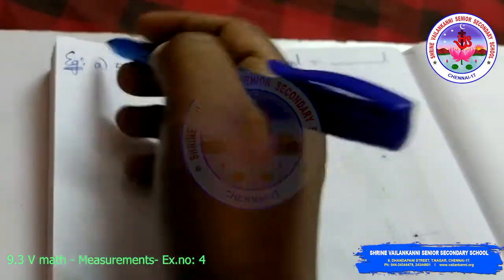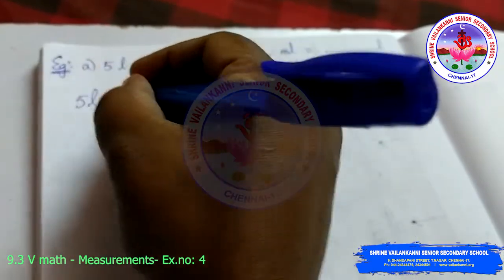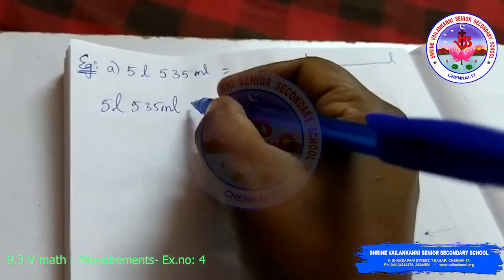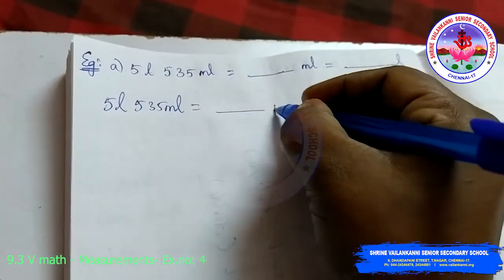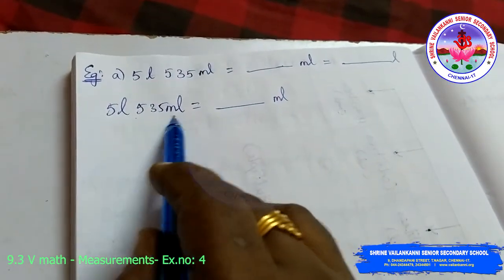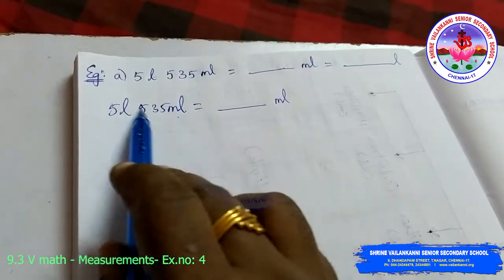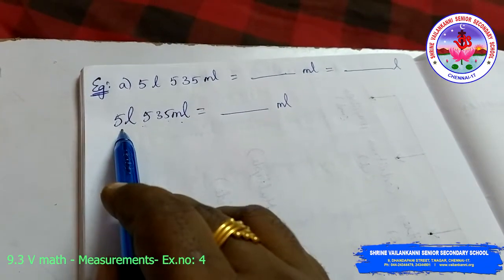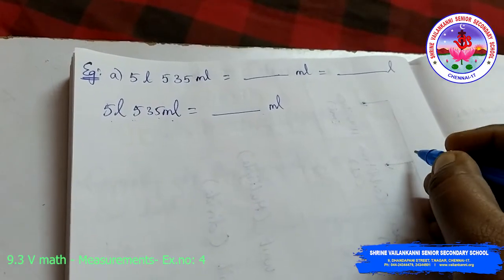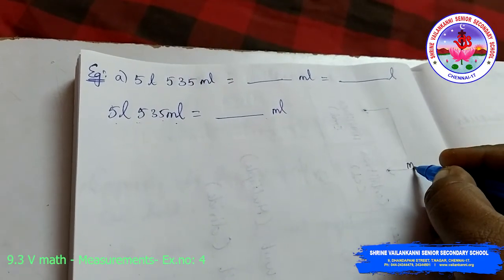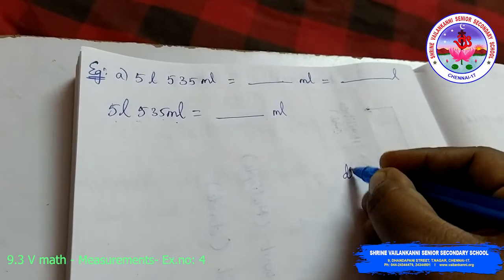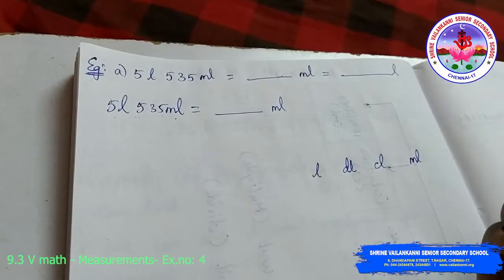First, 5 liter and 535 milliliter has to be converted to milliliter. The latter part is already in milliliter, so we'll keep it as it is and convert only the liter to milliliter. Here I'll write the units: milliliter, centiliter, deciliter, liter.